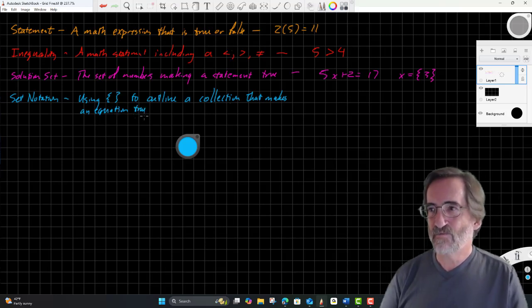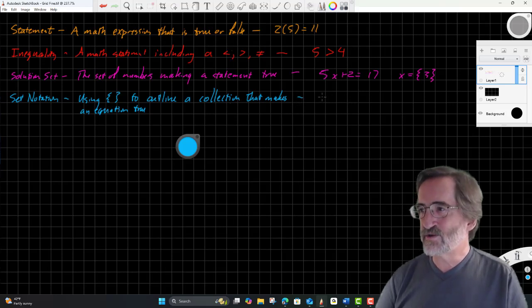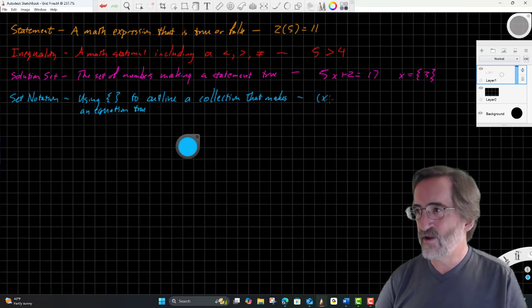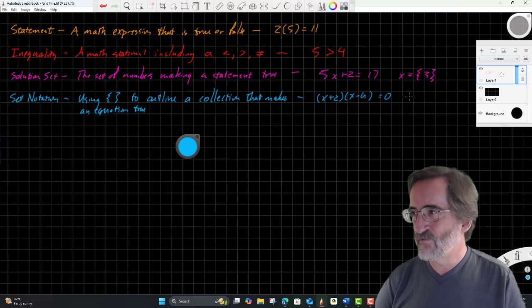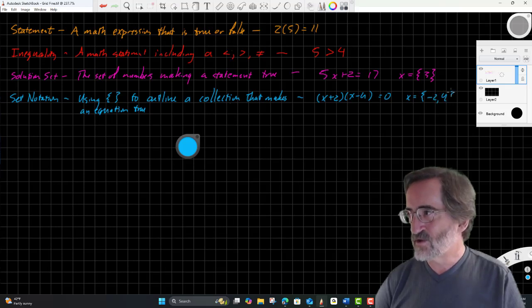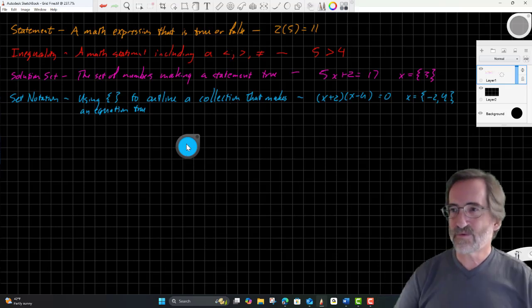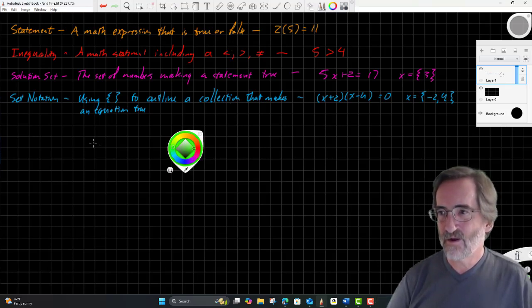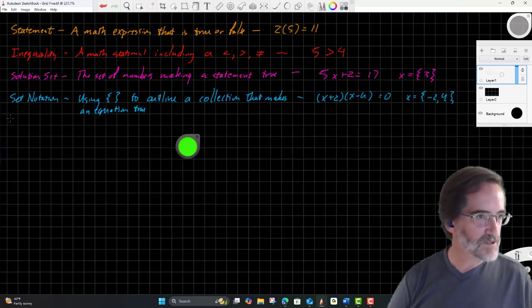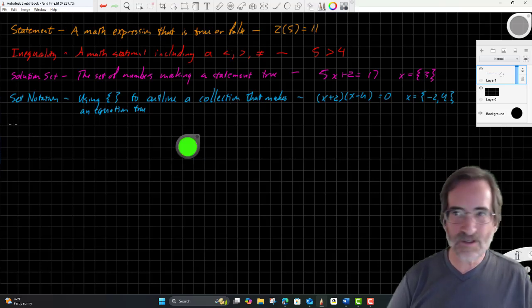So in this particular case, if I have (x plus 2)(x minus 4) equals 0, the solution set is -2 and +4. Set notation is what we just did.